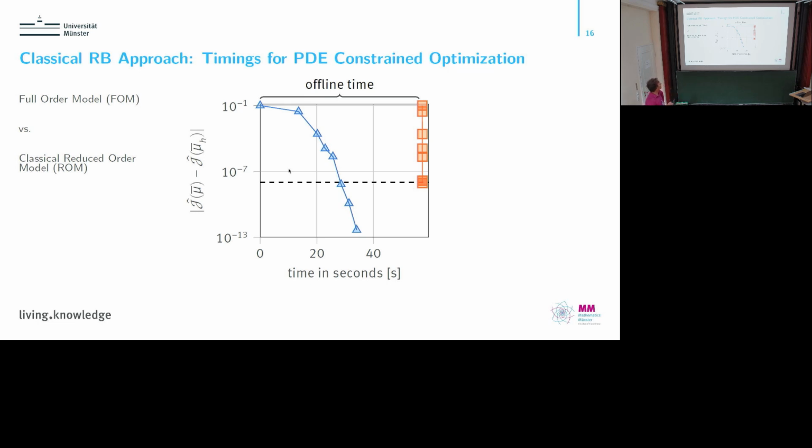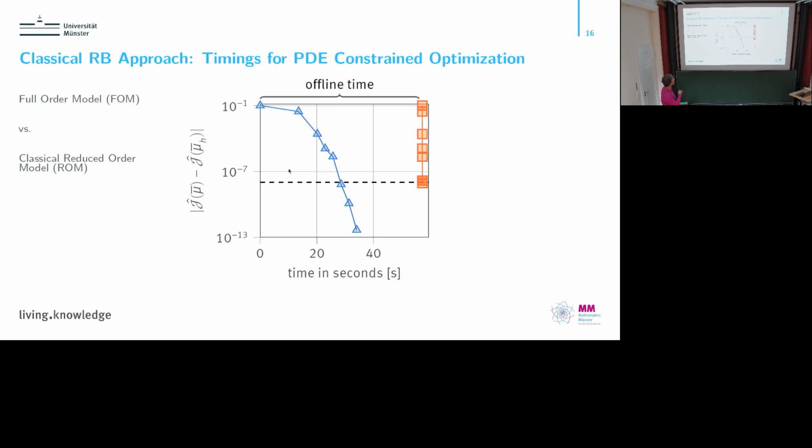If you compute this PDE constraint optimization with the classical descent method, then of course you do several optimization steps until you hit a certain tolerance and you think that you get a valuable answer of your optimization problem. This is what the typical finite element simulation does. You see that each iterate takes some time because the finite element is costly, but after some steps you are converged.